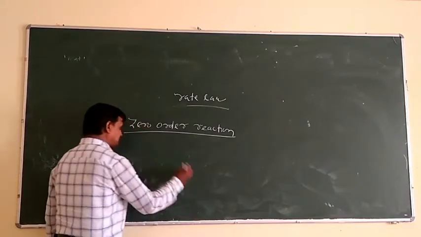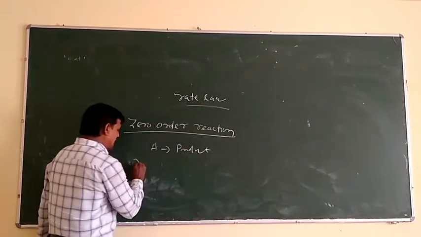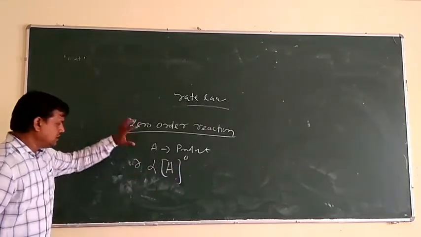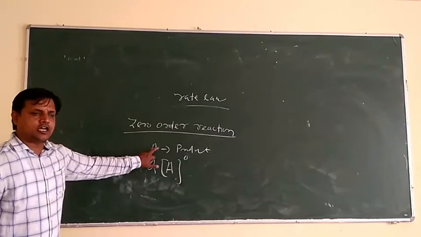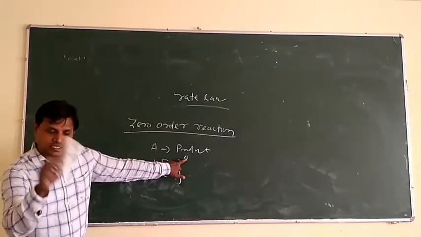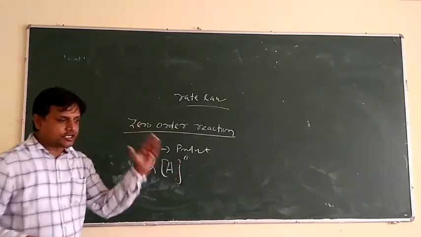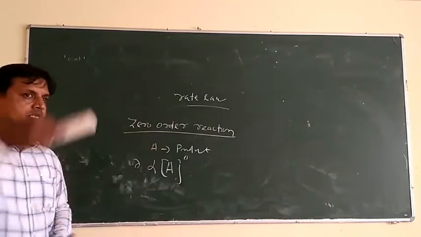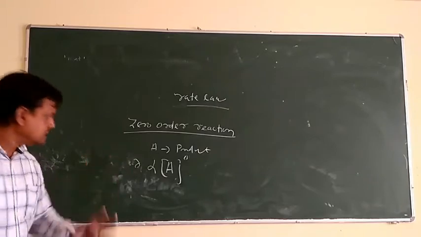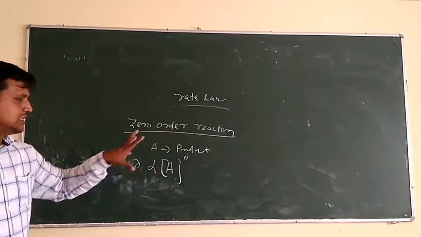For example, A gives product. R is proportional to A to the power 0. That means the rate does not depend upon the concentration of A. So we write A to the power 0. In this case the rate does not depend upon the concentration; whether the concentration increases or decreases, the rate remains constant. In that case the concentration term of the reactant is 0.